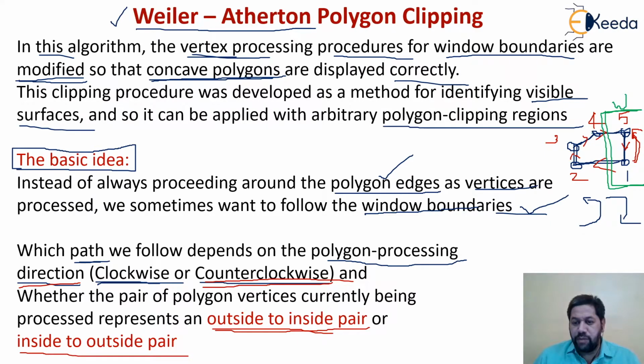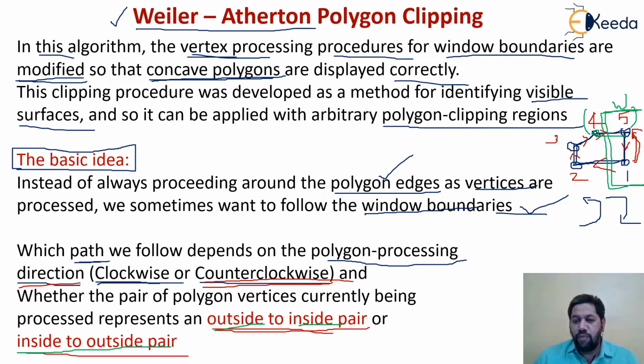Suppose I am moving from point number 4 to point number 5. My point 4 is outside and my point 5 is inside. So this is my outside to inside pair, 4 comma 5.